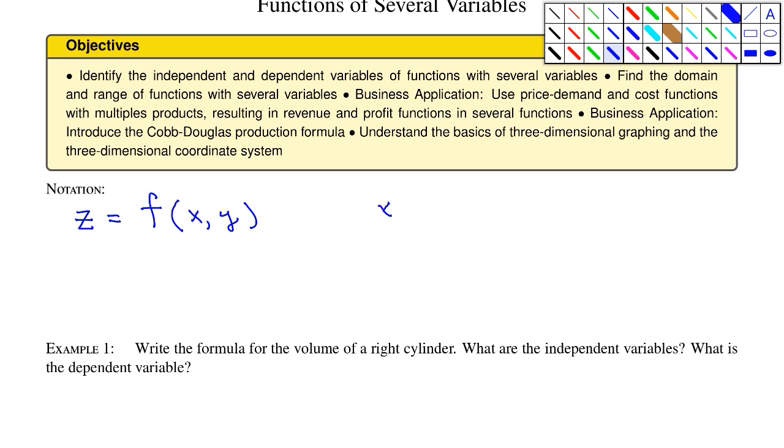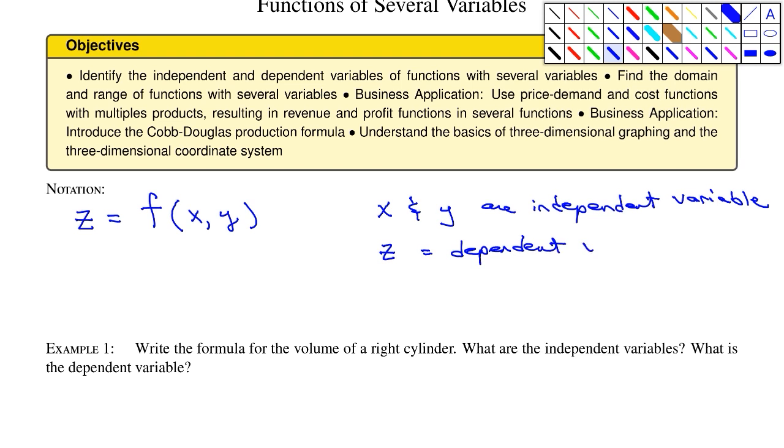So the x and the y are called the independent variables because those are the ones that you enter into the function in order to produce a value. And the z is the dependent variable. The z depends on what values of x and y are chosen.